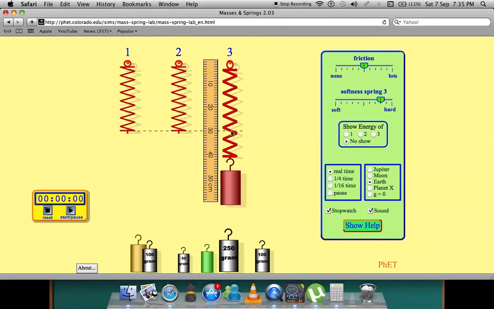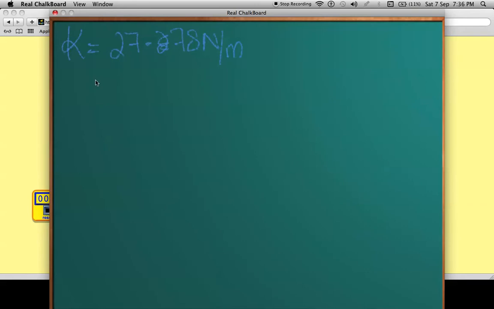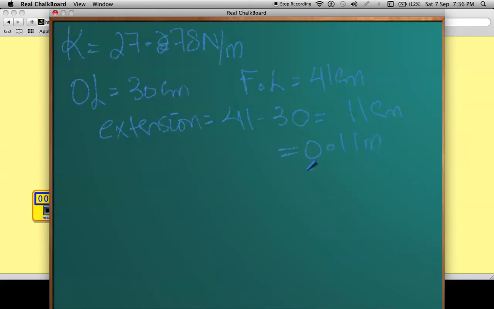Our original length was 30 centimeters and our final length is 41 centimeters. So our extension becomes 41 minus 30, 11 centimeters. Let's convert this into meters. So this would be 0.11 meters. Divide this by 100.